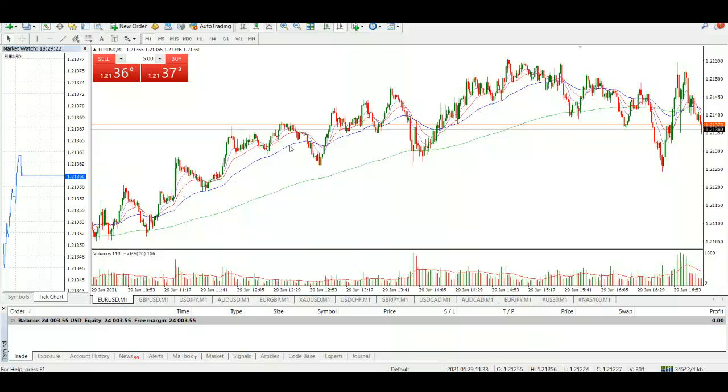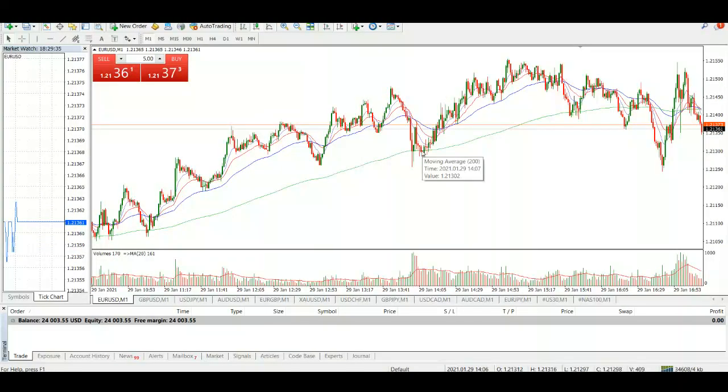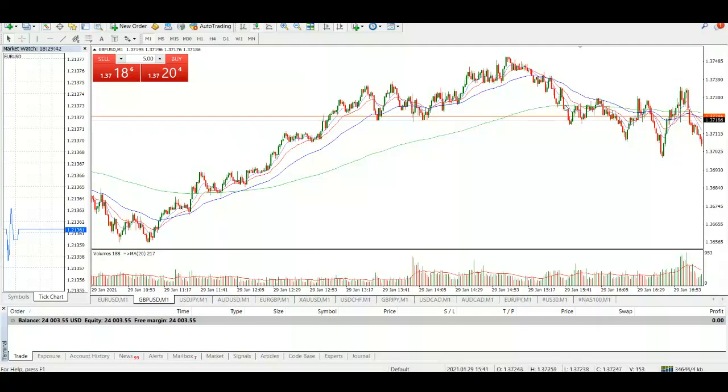Let's say on euro dollar you have seen that it has returned toward EMA 200, so you can expect that the GBP dollar will be returning toward EMA 200 very soon. As you can see, this one has returned toward EMA 200 almost 1 hour before this one returned to EMA 200.